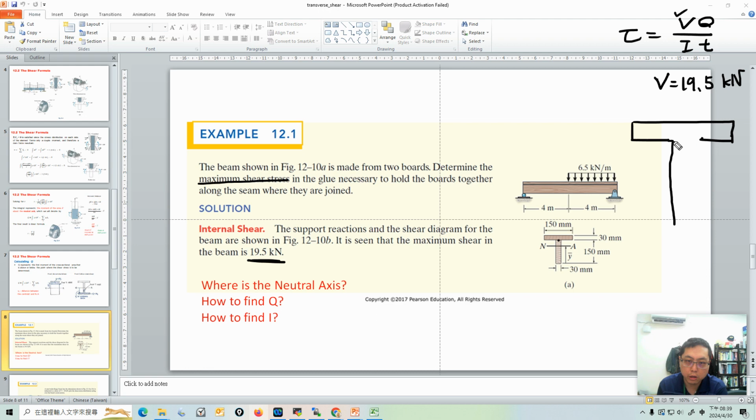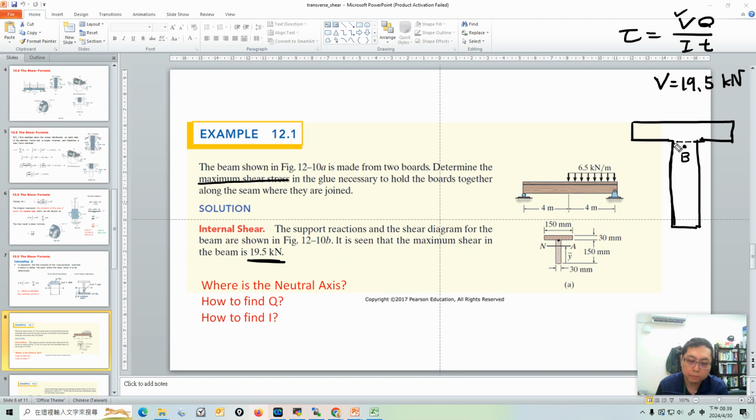I think I call this point A. Then I call this point B. The B is just right next to, or very close to, the dash line, but a little below the dash line.